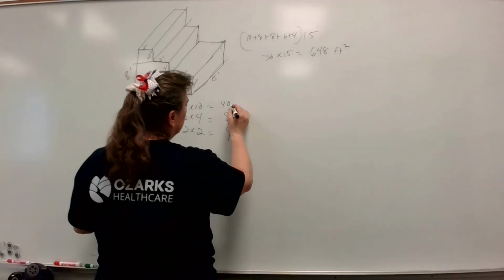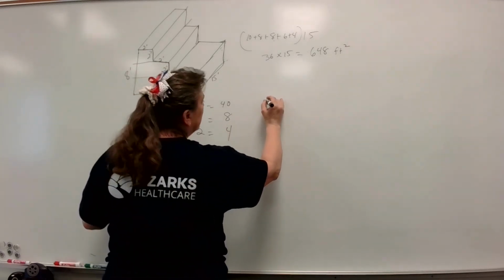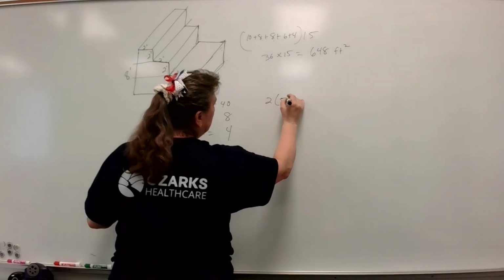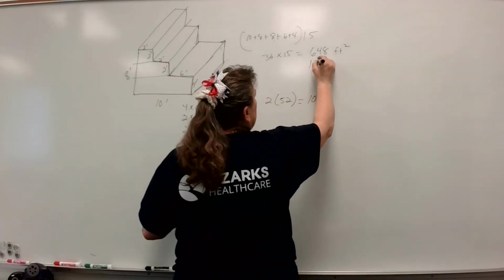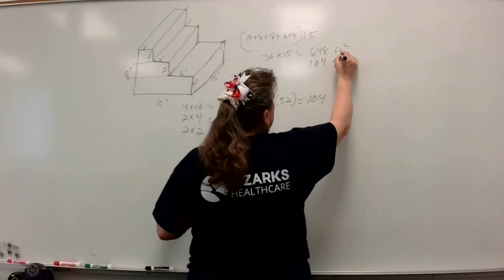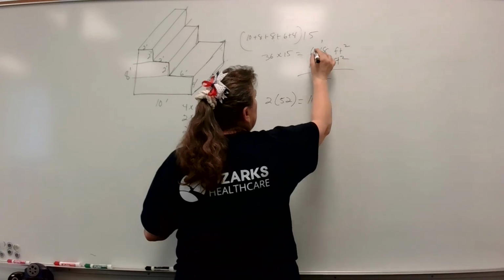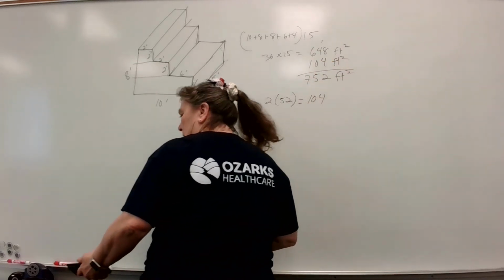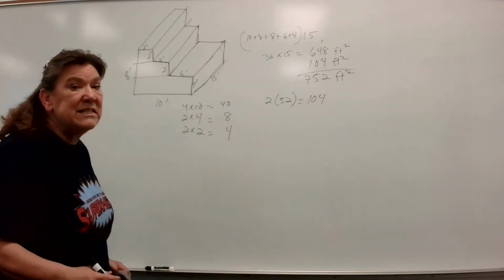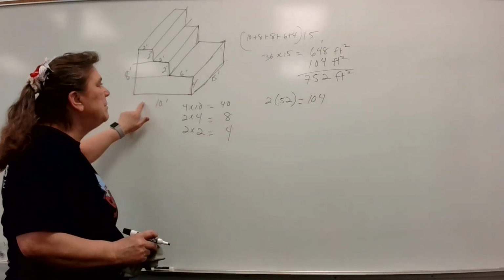And so this gives me 52 is my area, and that's times 2, because there's 2 pieces like that, making 104. So I add 104 to this one, and I now have 752 square feet.